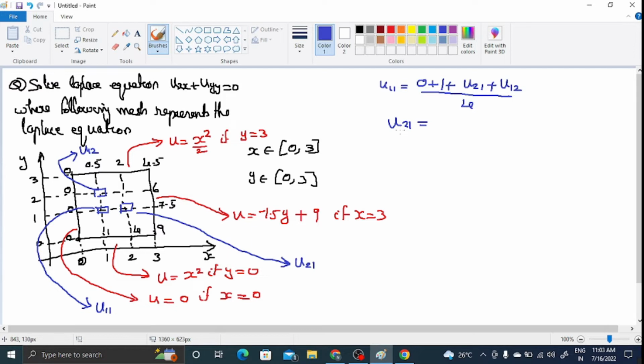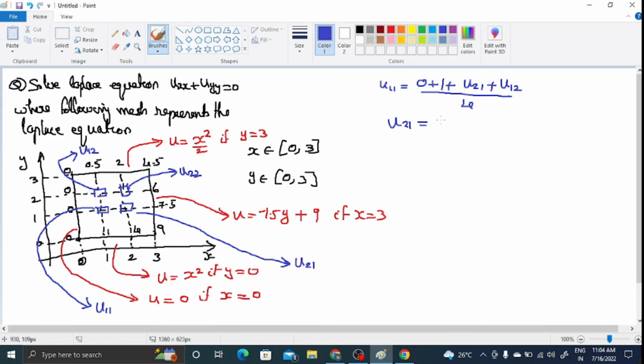u11 plus 4 plus 7.5 plus u22. Yes, exactly, because we need a representation for the upper term. This upper term is u22 because the x index is 2, y index is 2. So the upper point of this one is u22.